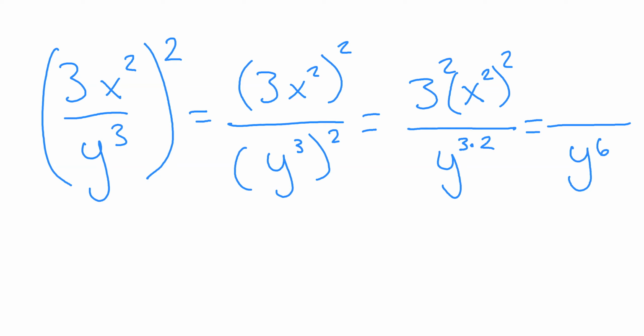And in the numerator, we've got 3 squared, which is 9, and x raised to the power of 2, raised to the power of 2 again, is going to be x to the 4. Right. So that is letter C, number 3, simplified. Okay. Let's take a look at problem D.